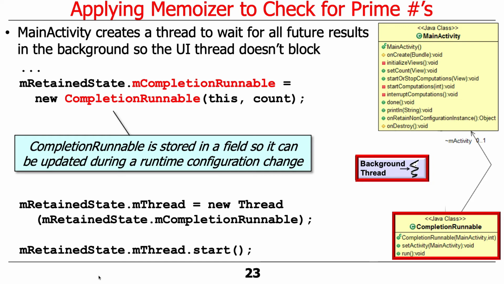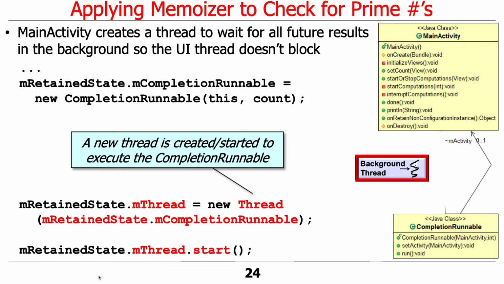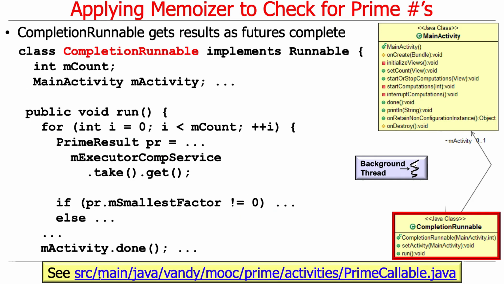So we make ourselves a new CompletionRunnable, and we make a new thread that uses that CompletionRunnable as the parameter here. And then we start that thread. That'll start something running in the background, and that will then wait for the results to occur.